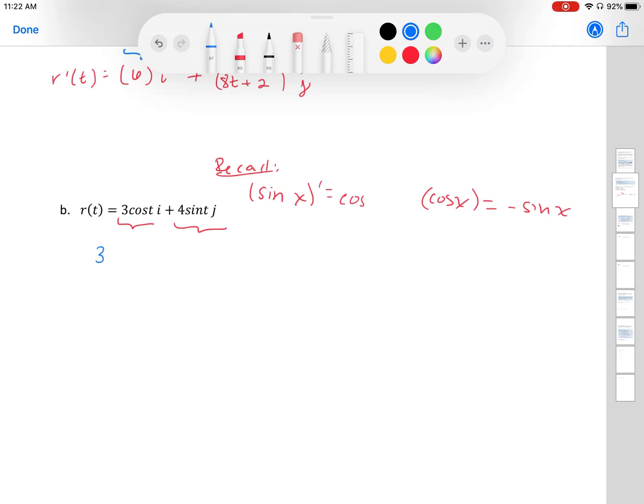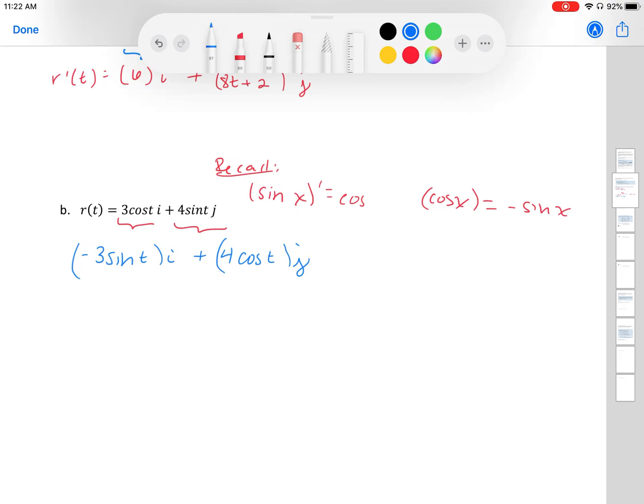We have 3, derivative of cosine is negative sine, so I have negative 3 sine of t i. And then the derivative of sine is cosine, so we just have 4 cosine of t j. And that's it. Not so bad, right?